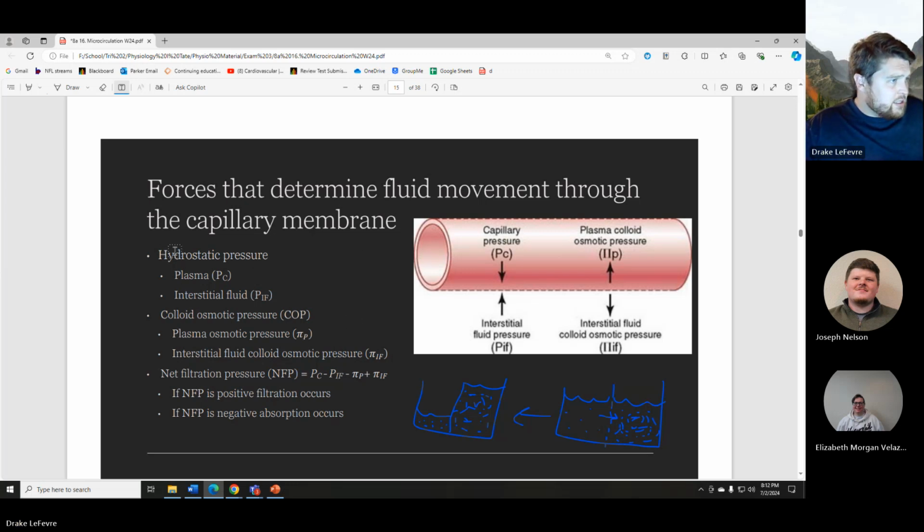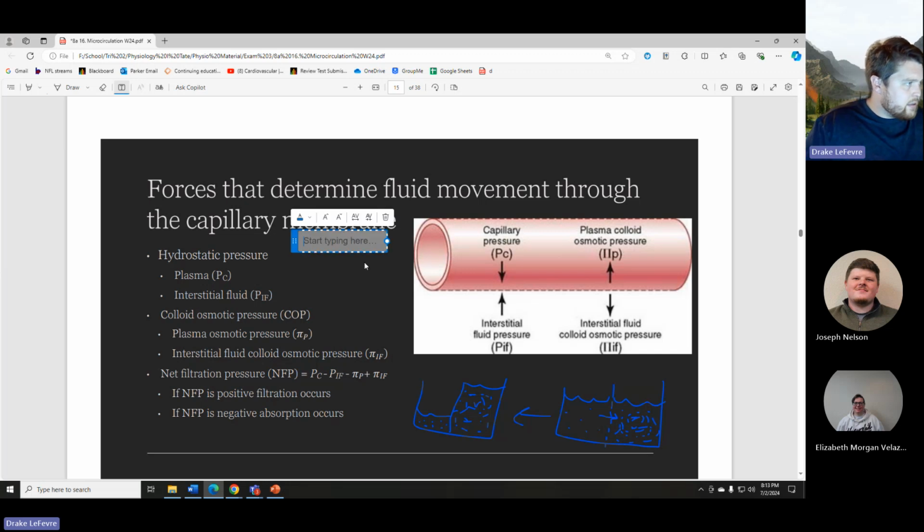Okay. So the AKAs of what you're going to see on exams. Hydrostatic pressure, you have it in the plasma, pushing out, and the interstitial fluid. You could see it as hydrostatic capillary pressure. You can see it just as PC. You can see it as plasma hydrostatic pressure.